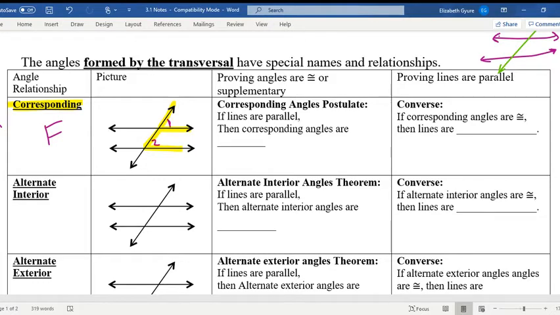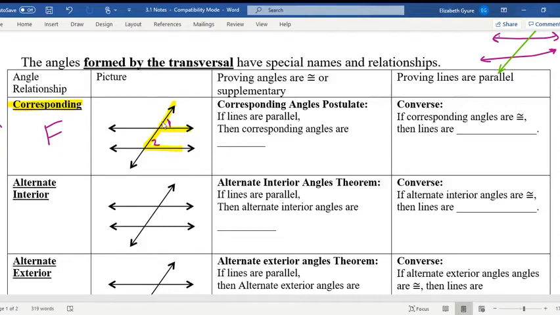Again, your letter might be upside down, might be slanted, might be going the other way. But it makes that little F shape. So if you box in your corners with a highlighter, it's nice and easy to see. So this is what corresponding angles would look like, and they could end up on the other side of your picture too. It's just one example.